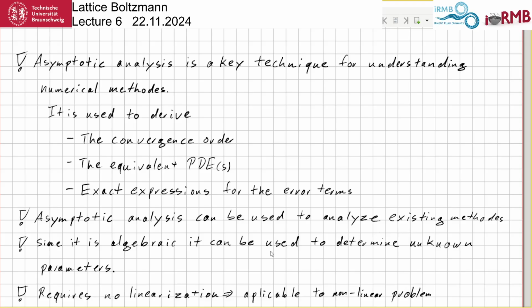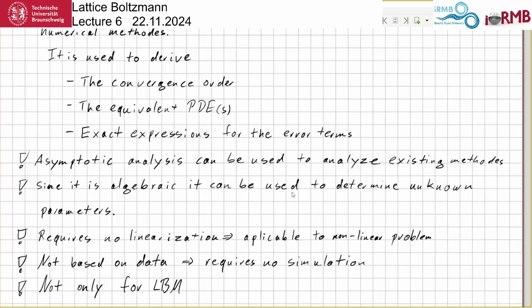There are other analysis methods, like von Neumann analysis, that are numeric. This is an algebraic method, so it can also be used with unknown parameters, and in order to get these parameters out of the equation.